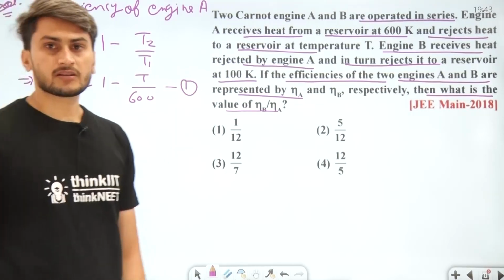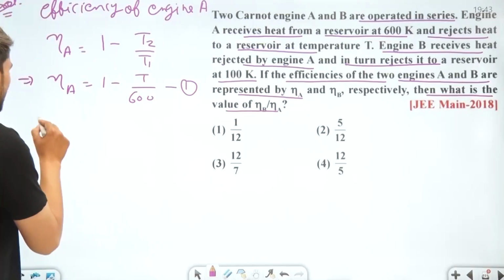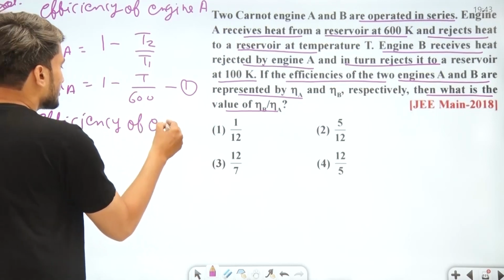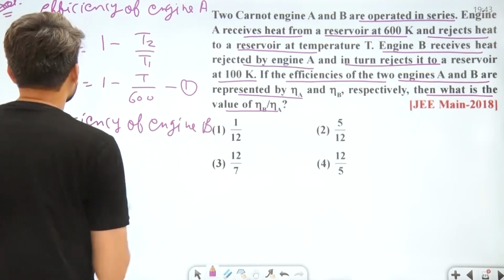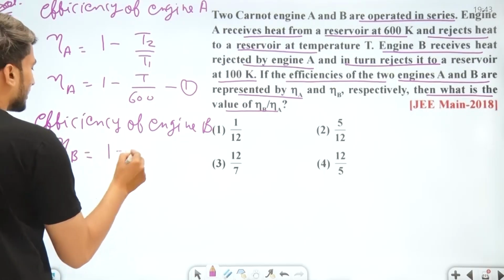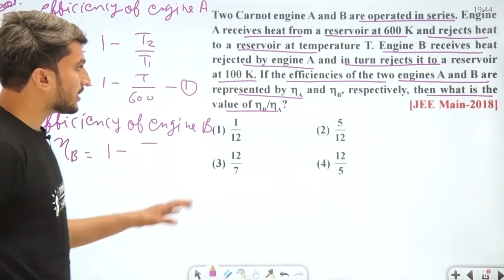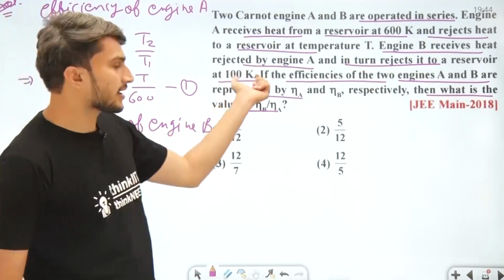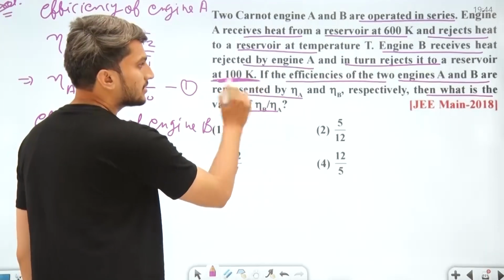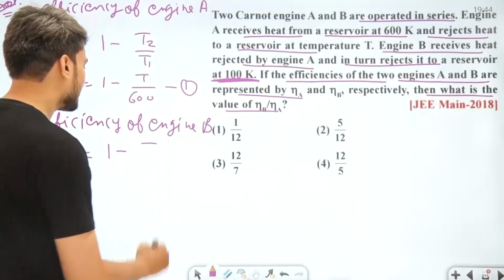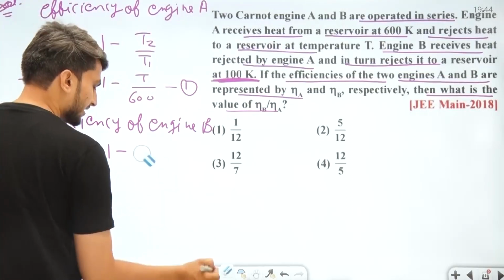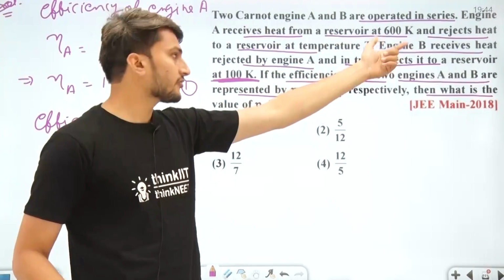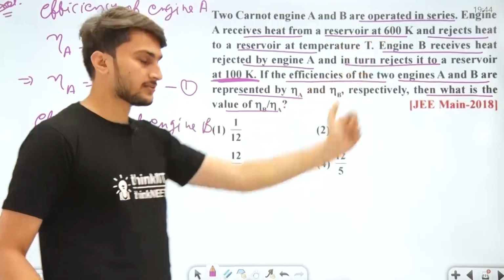If I am talking about the B engine, the efficiency of engine B, eta B, is equal to 1 minus T2 upon T1. Here T2 is 100, because this is the heat rejected to the reservoir, so this is 100 divided by T1. T1 is T, because B receives heat at the temperature T. So this one is T.